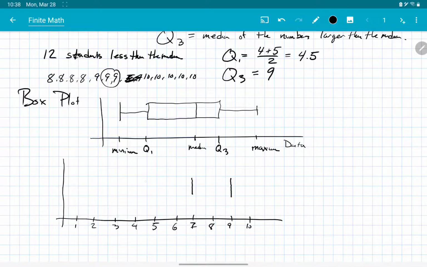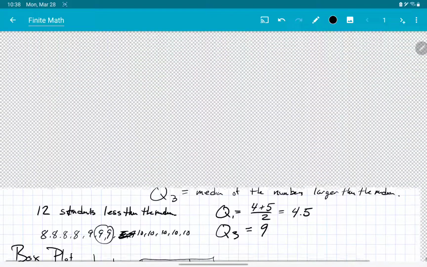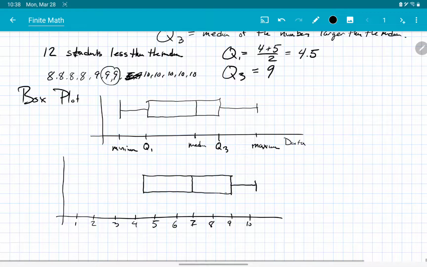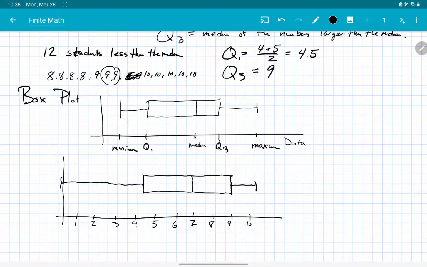And Q1 was 4.5, so we want between 4 and 5. And we draw the box like this. The maximum score was 10, so we draw a line and put a hash there. And the minimum score was 0, so we draw a line all the way over here and put a hash there. So there is the box plot for the quiz scores. That's how we make a box plot.